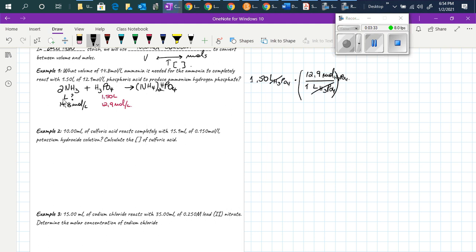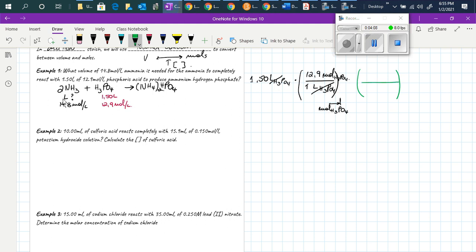So liters and liters cancel. What you have up to this point is moles of phosphoric acid. Now, in order to move to what you are looking for, you have to use the molar ratio. So the molar ratio is 1 to 2 or 2 to 1. So 2 moles of ammonia are needed to react with 1 mole of phosphoric acid to produce ammonium hydrogen phosphate.